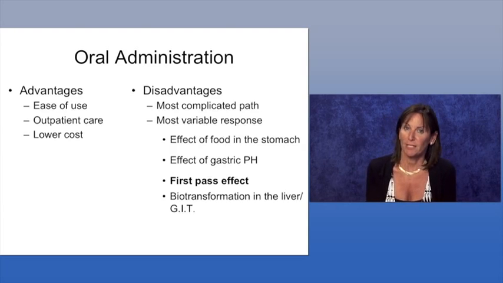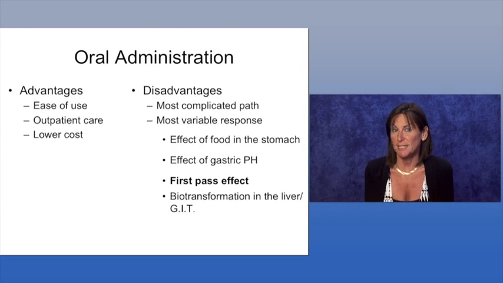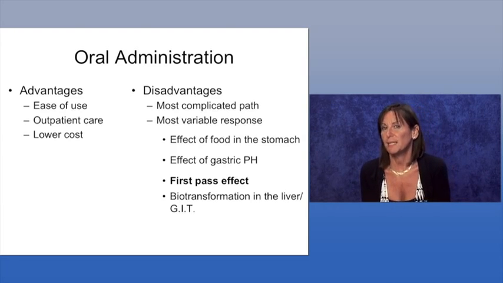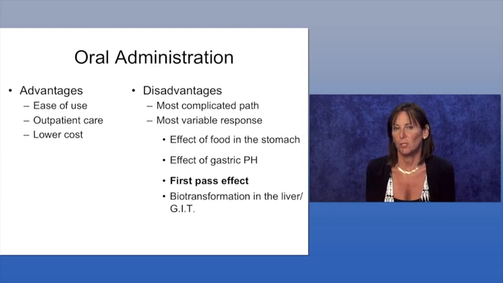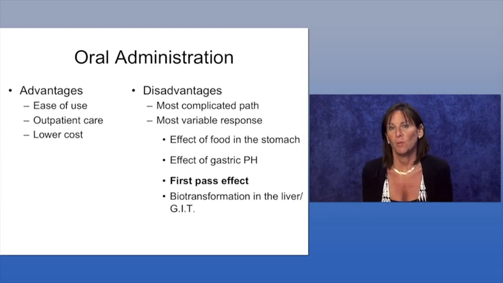However, on the flip side, there are disadvantages. Even though swallowing a pill can be defined as easy to use, it is, from a pharmacologist's perspective, actually the most complicated path of administration. And because it's complicated, there is this element of variability in response. You might ask, well, why? Well, here are some of the reasons that contribute to a variable response after swallowing a medication.